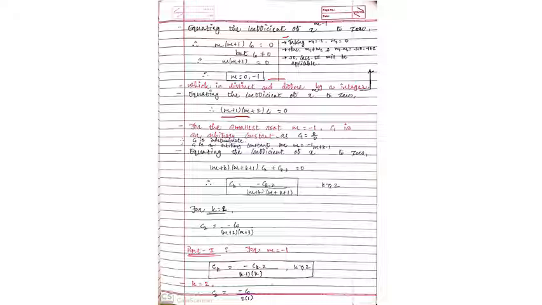For the smallest root m equals minus 1, c1 is an arbitrary constant as it is 0 upon 0, because in the denominator m plus 1 and m plus 2, putting m equals minus 1 gives 0 by 0. So c1 is indeterminate and is an arbitrary constant for m equals minus 1.